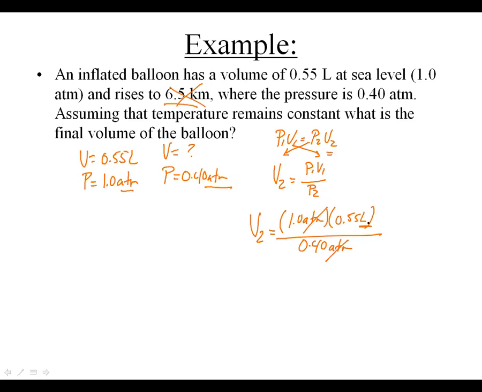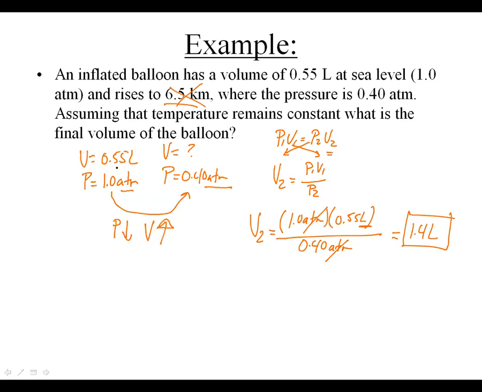And that is like 1.4 liters. Again, we could see if it makes sense. In this particular case, our pressure is going down, which means our volume should go up. And it did.